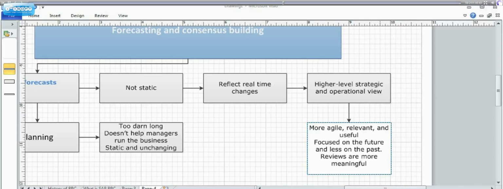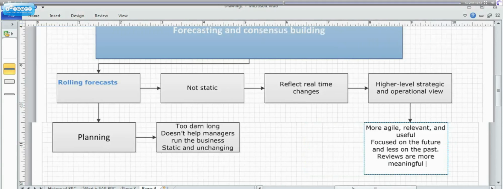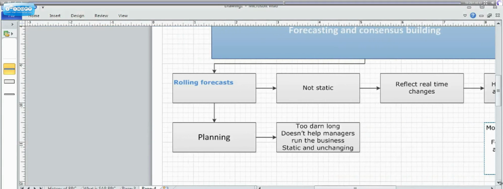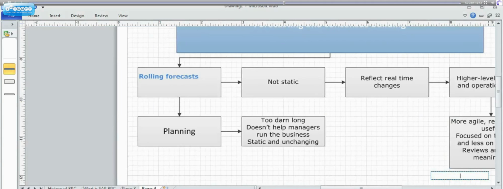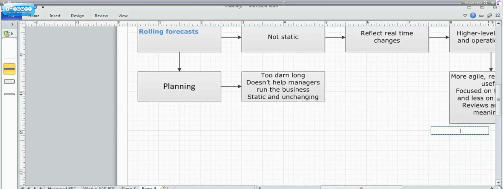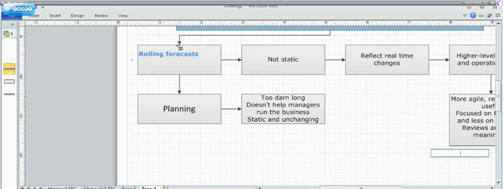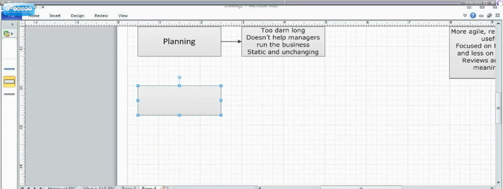The past and update for the future. So that's why rolling forecast has been so important. Okay, now after rolling forecast, there's also one tool which can be considered as critical with respect to planning, to business planning and consolidation.